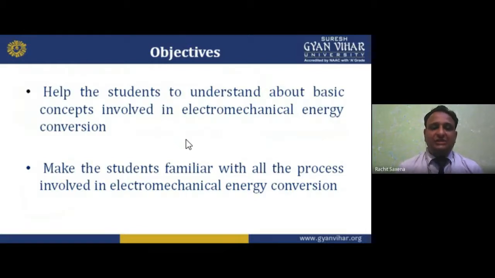These are some basic concepts involved in this conversion, and we are going to study them in this lecture, about electromechanical energy conversion.